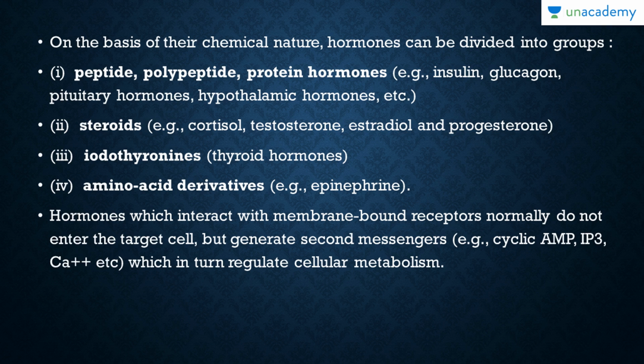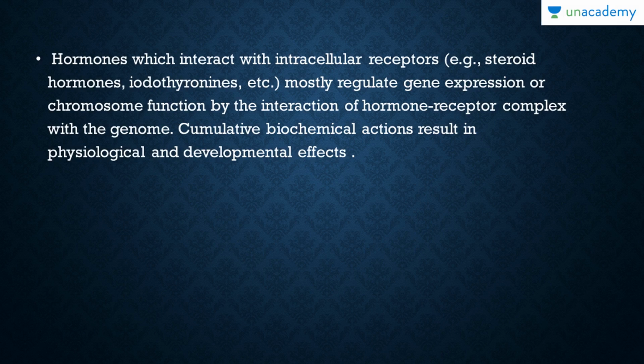This hormone will not enter inside the cell if it is binding to a membrane bound receptor, so it will trigger the internal second messengers such as Ca2+, etc., which will in turn regulate whatever changes are supposed to take place.